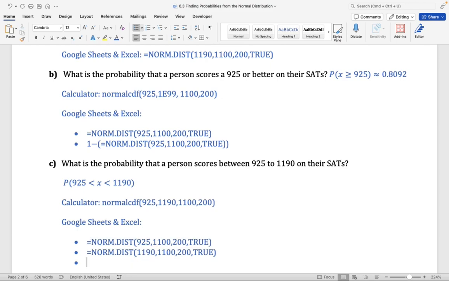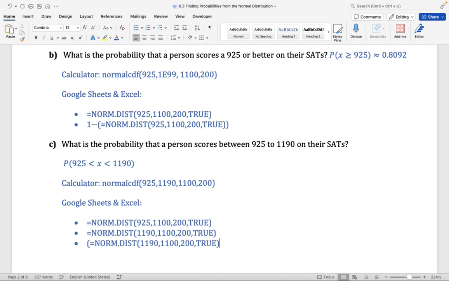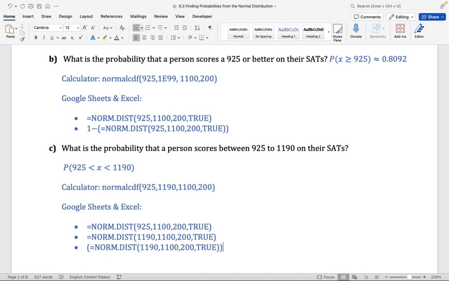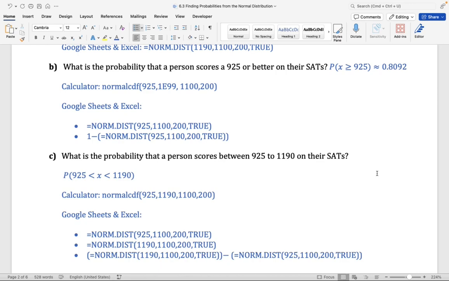There's different ways of writing that here. I'm just going to write this using the functions. Take the area below 1,190 and subtract the area below 925. Go ahead and try this from your end. If you round to 4 decimal places, you should be getting 0.4829.